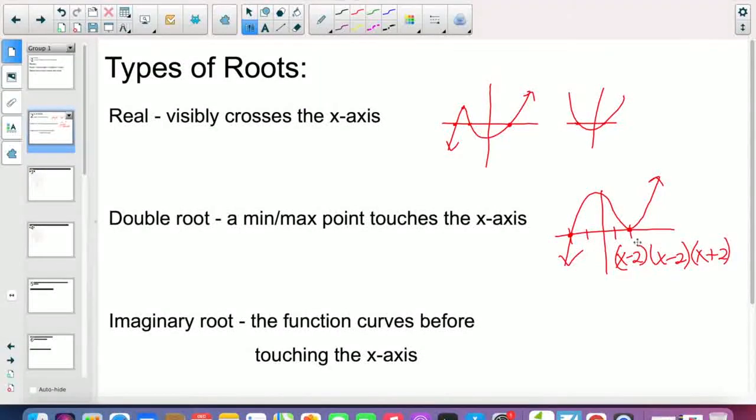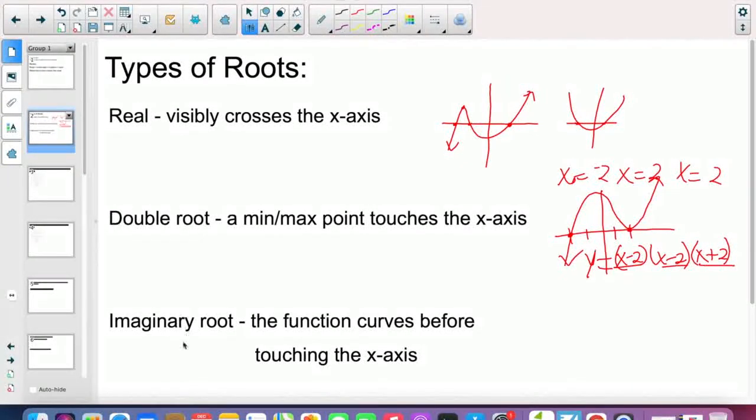Remember, the factors, if the roots here are x equals 2 and x equals 2 and x equals -2, for this one would be x plus 2, for this one would be x minus 2, and for this one would be x minus 2. So you see that y would equal this equation.